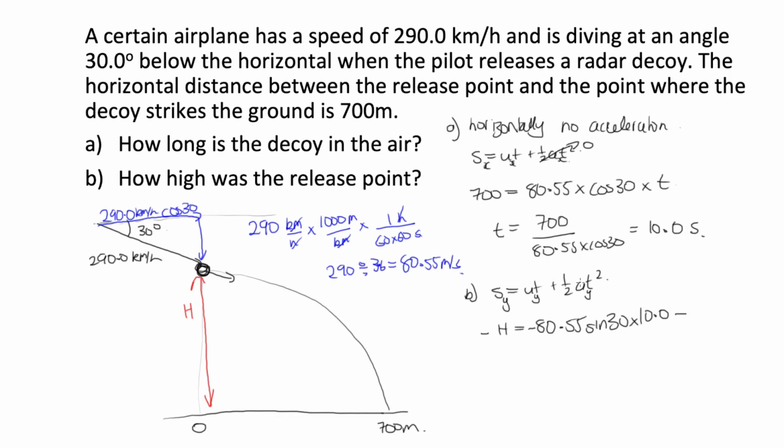And then it's going downwards with an acceleration of 9.8, so half of that is 4.90, times t squared, which is 10 squared. Now you can see that all our negative signs cancel out. When we solve this, we get h equal to 897 meters.